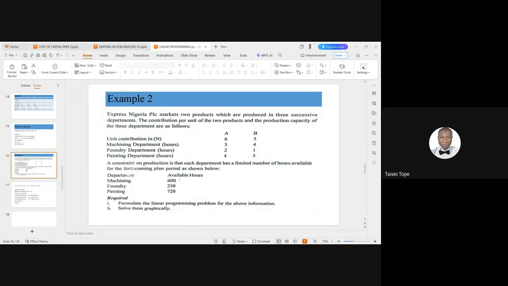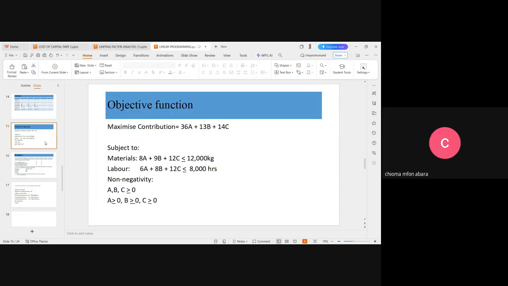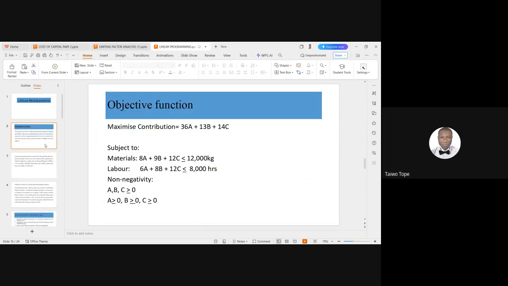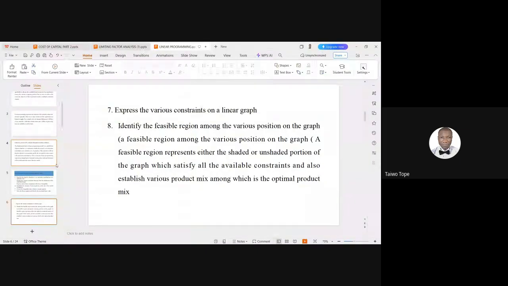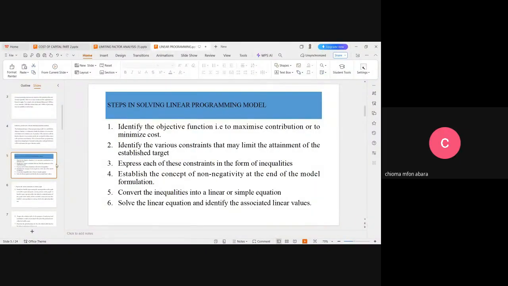So to solve them graphically, what are we going to do based on the steps? Go back to that step. To solve graphically, what are we going to do? For you to solve graphically, you must do something.